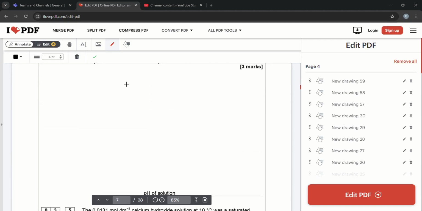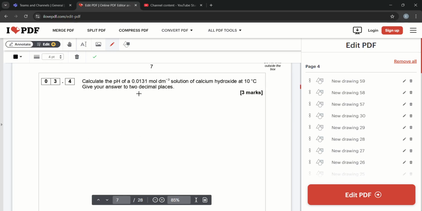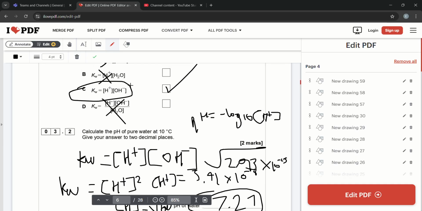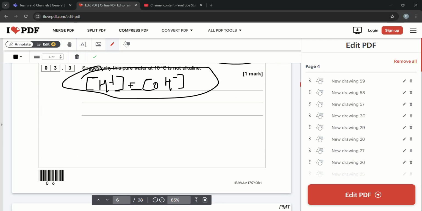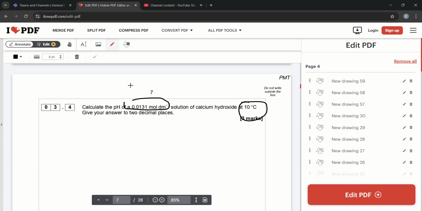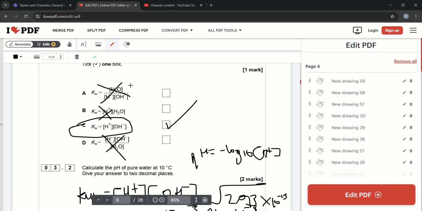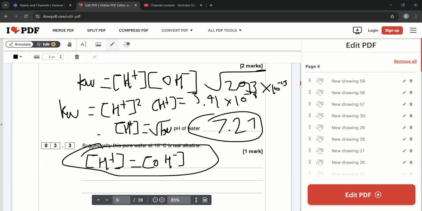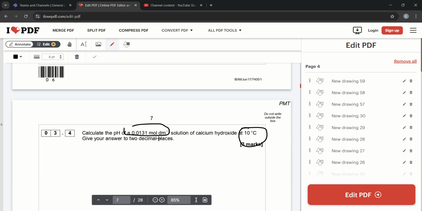3.4 and 3.5. So 3.4: calculate the pH of this solution of calcium hydroxide at 10 degrees Celsius. Well, to calculate pH we need the H plus, obviously.